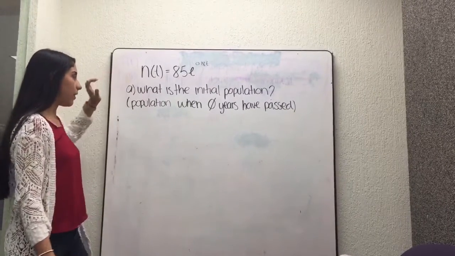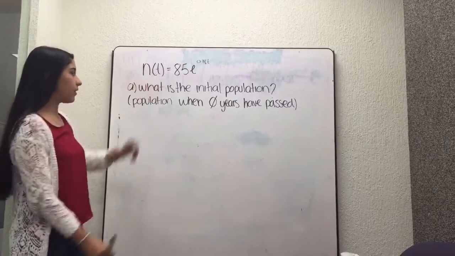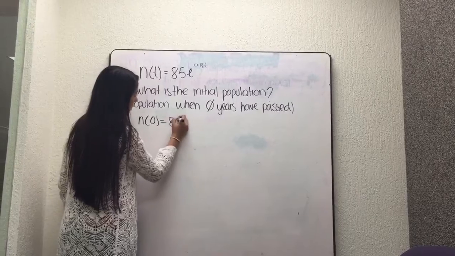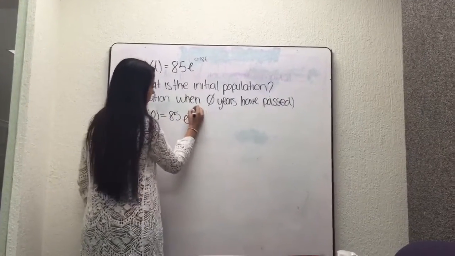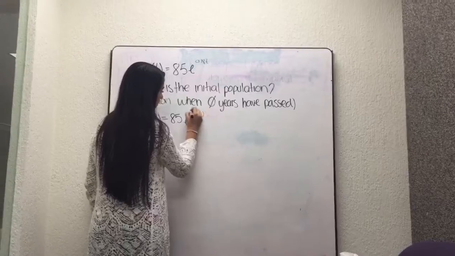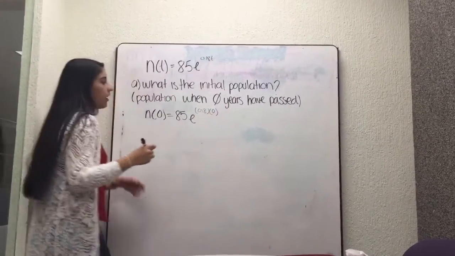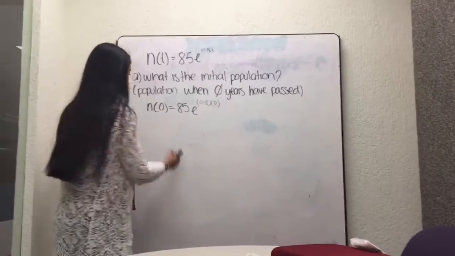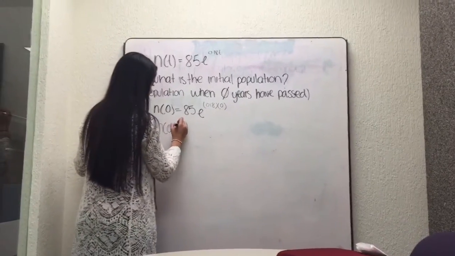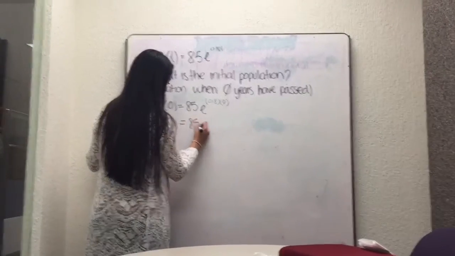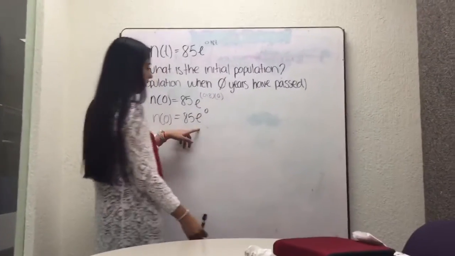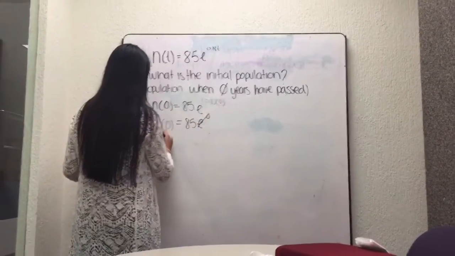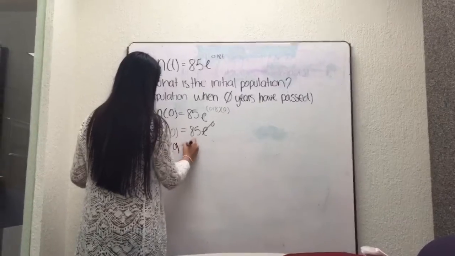You need to use the formula, so you need to put 0 into t. Then you multiply this, and this is 0, so you eliminate these two. So it's 85.